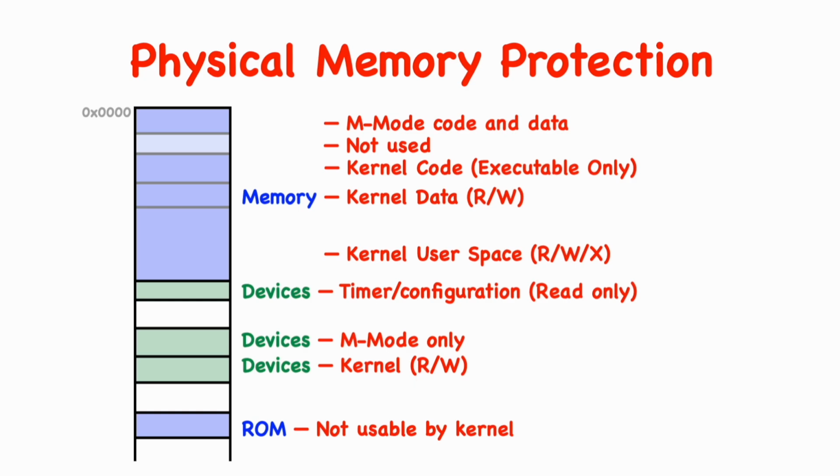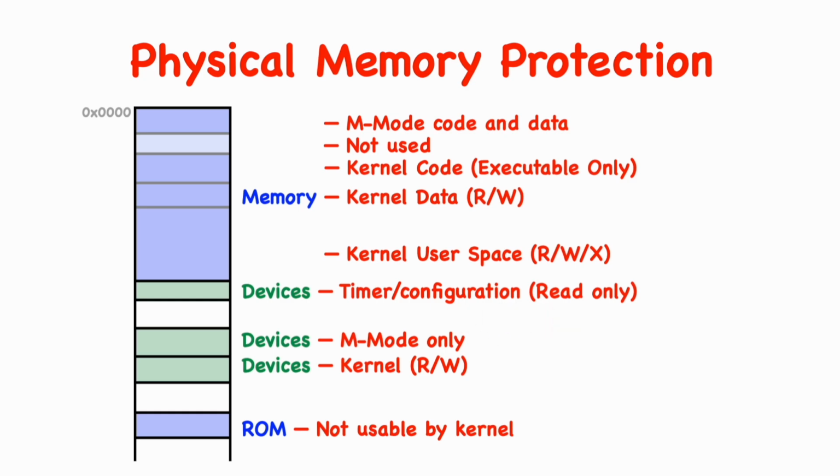Any attempt by the kernel or user code to access these regions would be disallowed and would cause an exception. The machine mode code might also mark some devices as read-write but not executable, and other devices, perhaps like a real-time clock or some configuration parameters, as read-only.